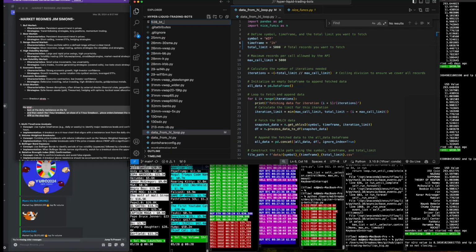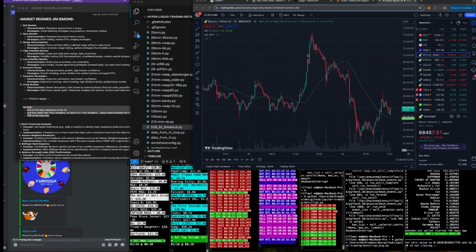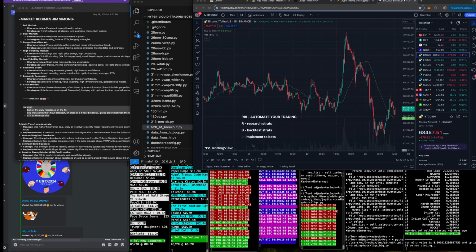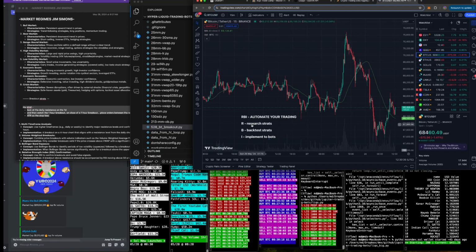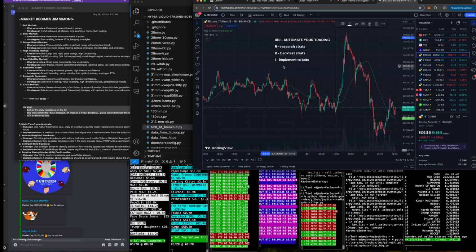BT breakout .py. Okay, so all right, I haven't explained this yet, so I'm gonna explain it. The way I automate my trading is this. This took me a really long time to figure out, because when I first got into automated trading, I wanted to go build bots immediately. Now, if you know a process, if you just jump to the third point, you're going to get wrecked. Okay, so I got wrecked.